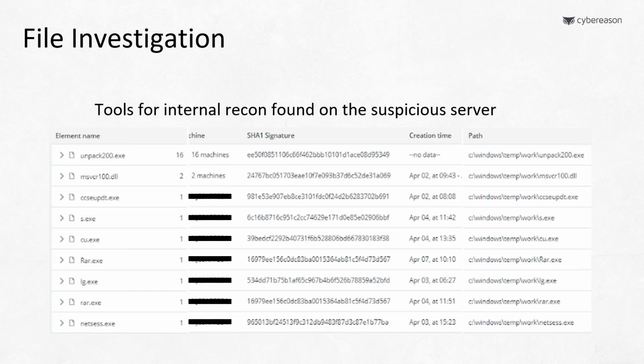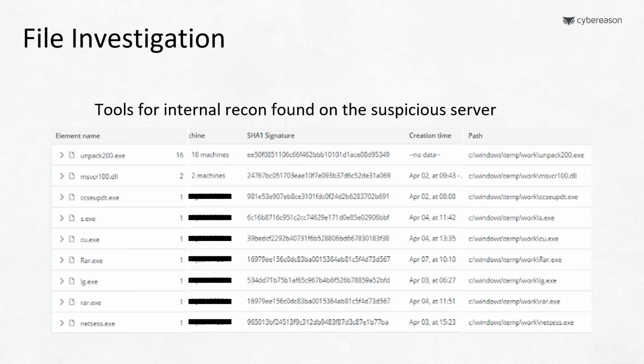And checking their hashes, we found out that they are all part of a reconnaissance tools repository, something that can be found on the internet. And so what these tools gave our attacker is the ability to look around once he has a compromised machine, understand what are the machines around him, what weaknesses they have, in order to use these weaknesses.